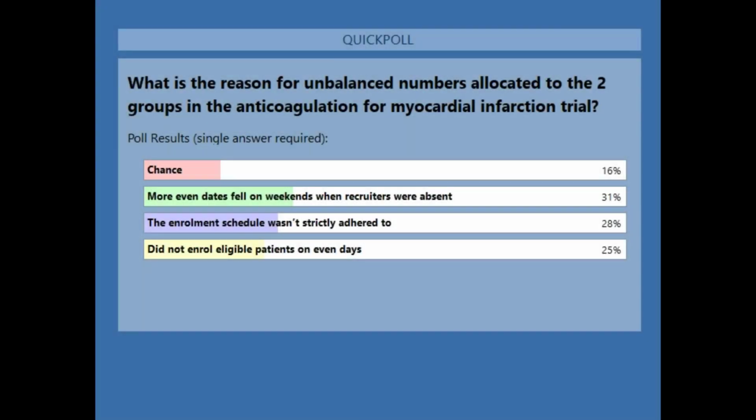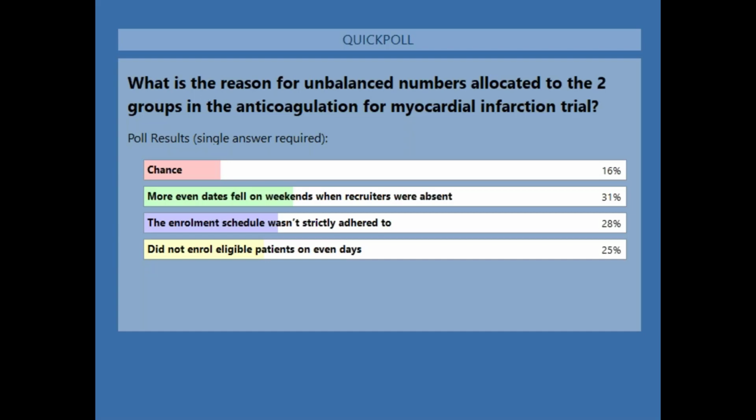So we don't know for sure, and I can't say that any of you have the right answer or not, but just to let you know, 16% of people said chance, and that is a possible explanation, but here the p-value for this group difference is quite small, so it is possible, but it seems unlikely.